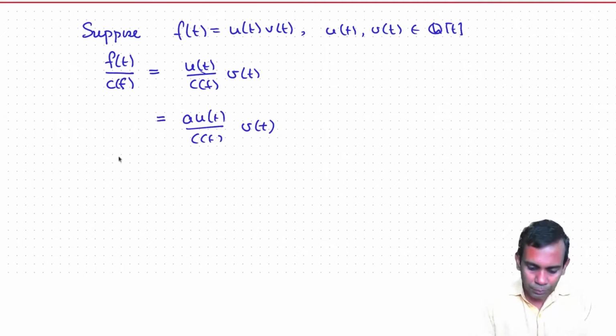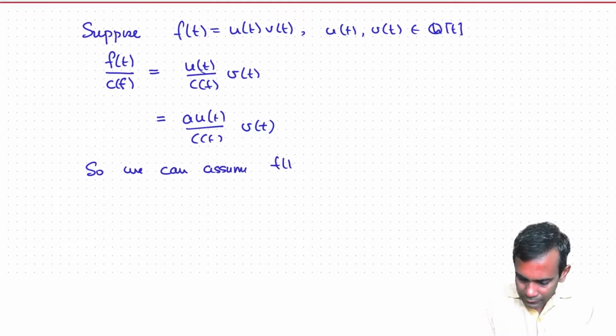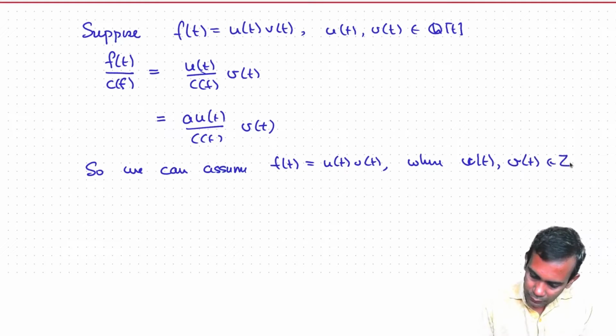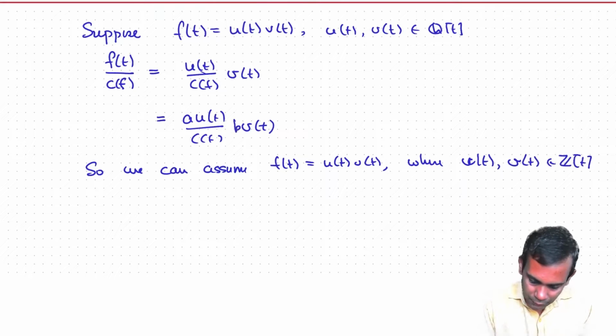So we can assume that f(t) is u(t) v(t), where u(t) and v(t) have integer coefficients, just by replacing u by a u(t) over c_f and v by b v(t), I guess.